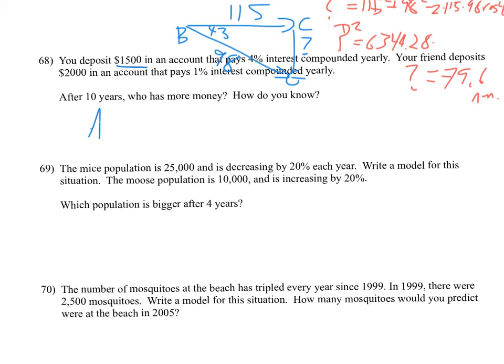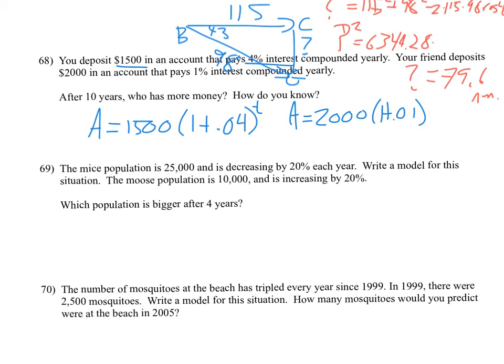There's my starting amount, so we're looking at $1,500, 4% interest, compounded yearly, 1 plus 0.04 to the T. Your friend is going to be 2,000 times 1 plus 0.01, and then that's also the T. In 10 years, I'm going to plug 10 in for both T's. We're going to see what happens.